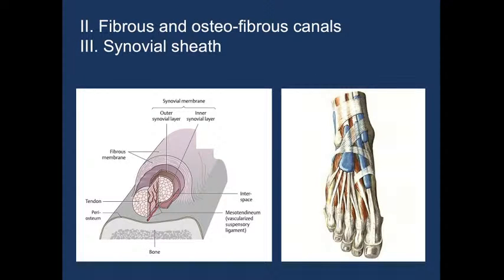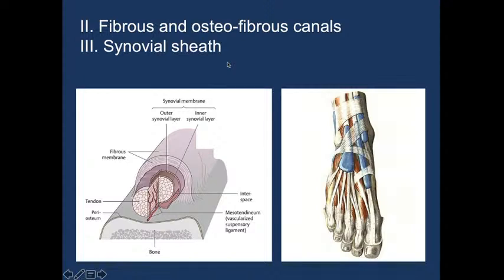The second additional assistant of muscles are fibrous and osteofibrous channels. That is the space between fibrous membranes, which consist of some synovial membranes and some tendon inside, and we call those covers a fibrous or osteofibrous channel.